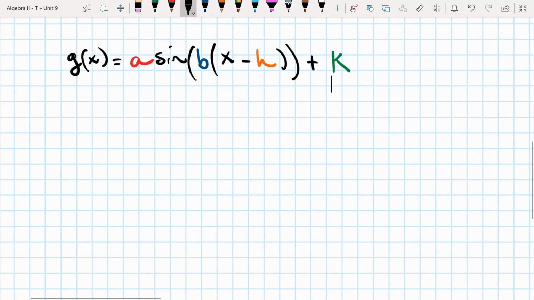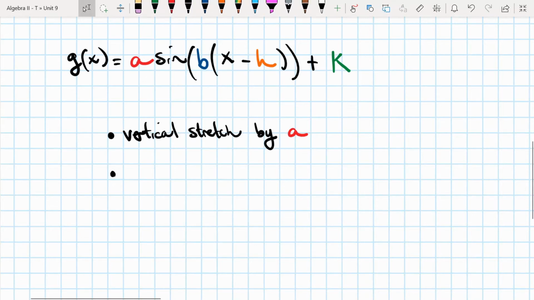So number 1, the letter A will vertically stretch sine, in this case, by A. The B indicates the horizontal stretch, so this is a horizontal stretch by 1 over B.